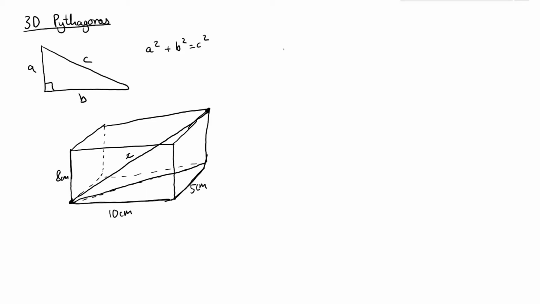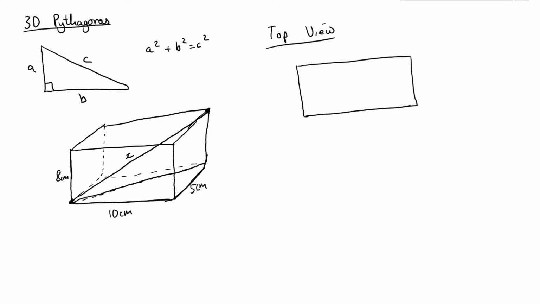If I take a top-down view of this 3-dimensional shape, looking at the base of it, the base is 5 centimeters by 10 centimeters, and I'm asking, what is this horizontal length here? Essentially, if I get rid of these 2 lines, that is a right angle triangle, where this is A and this is B, and I just want to work out C.